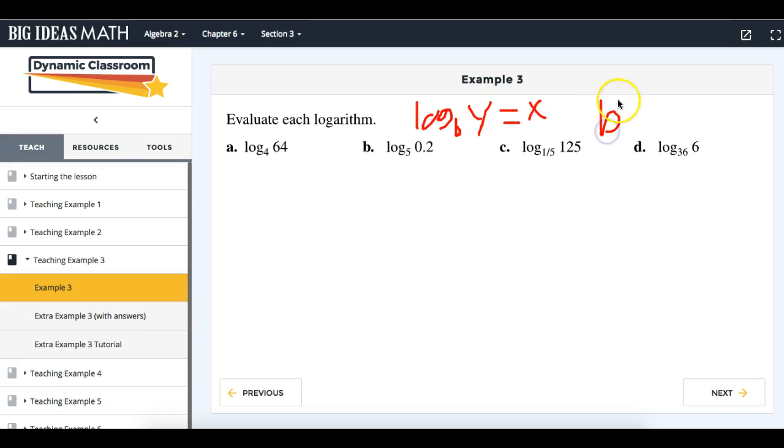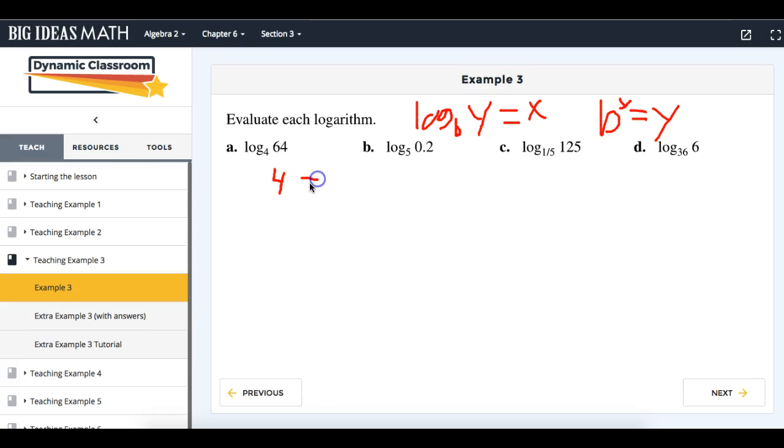Our base stays the same, and then we just flip each variable. So when we look at this first one, we've got log base 4. So this is going to turn into an equation that has a base of 4. Now we know that this number is going to go to the other side.